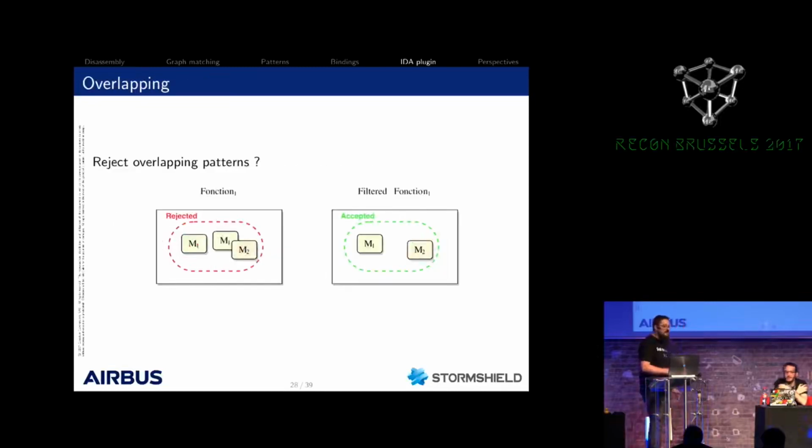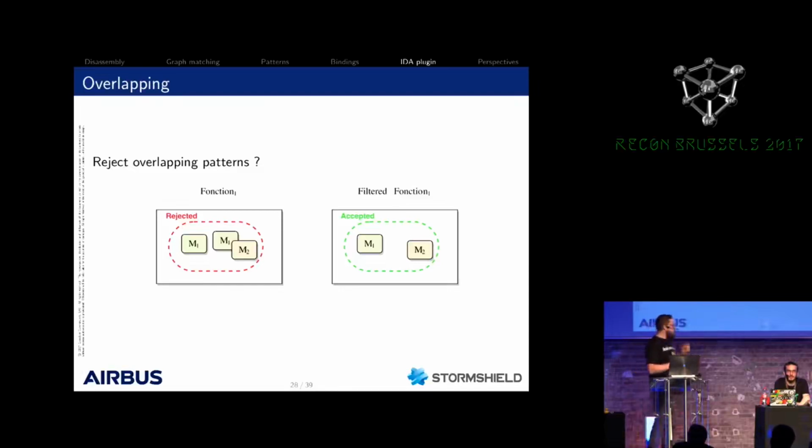The last one is the overlapping. So, for example, again, the RC4 set key, we have the 2 loops. We create one pattern for the first and another for the second. And if we match the same loop with those 2 patterns, that means we match the same loop, and we don't want this. In the example at the left, we have 2 matches of the first pattern and 1 of the second.